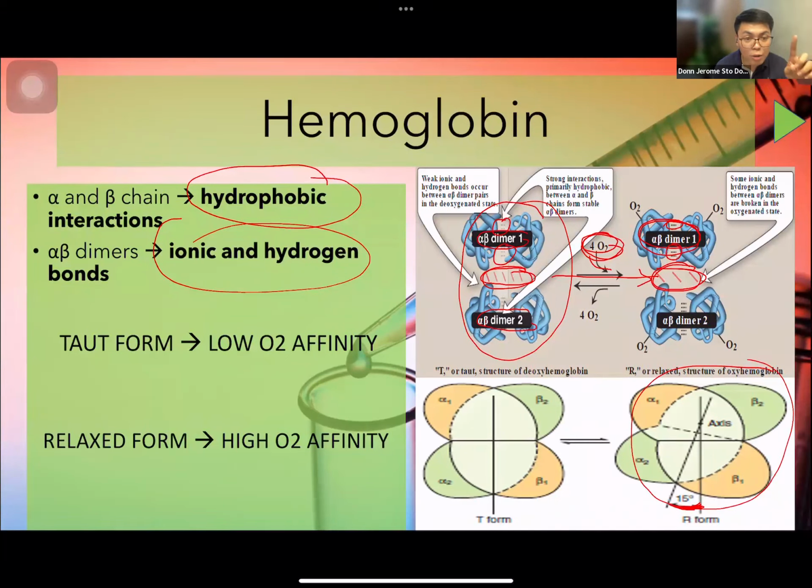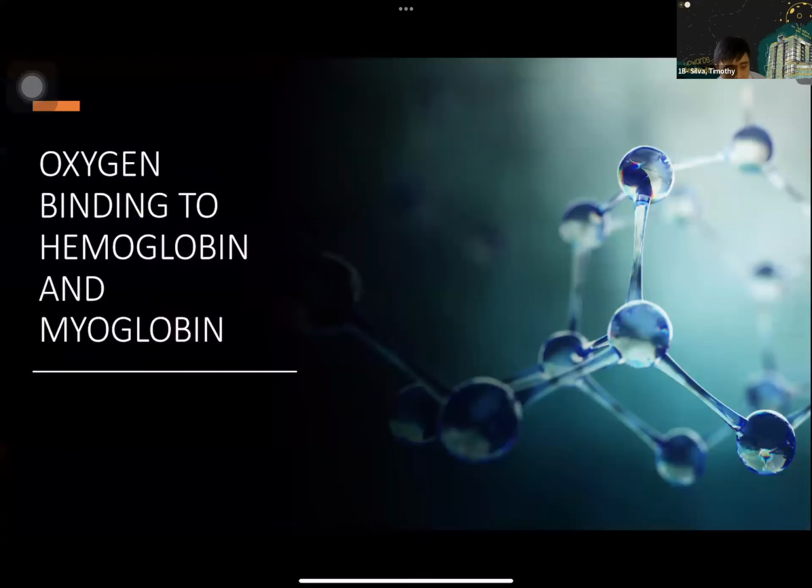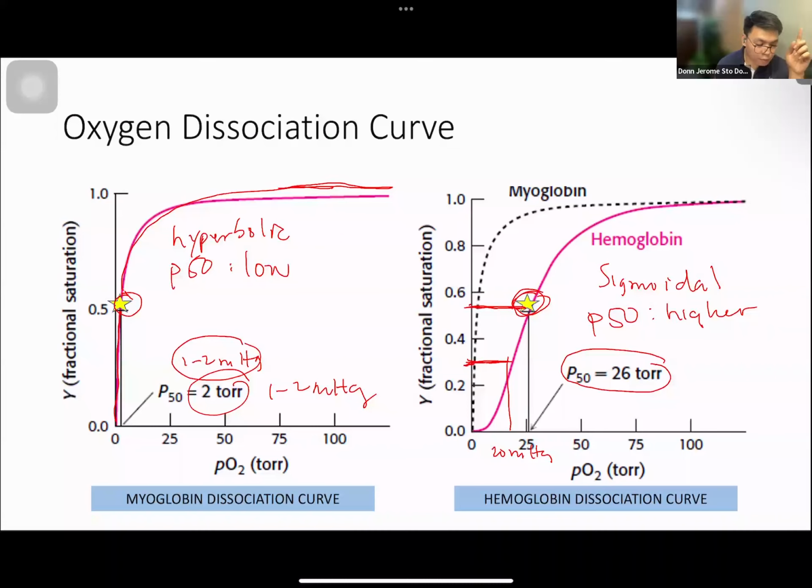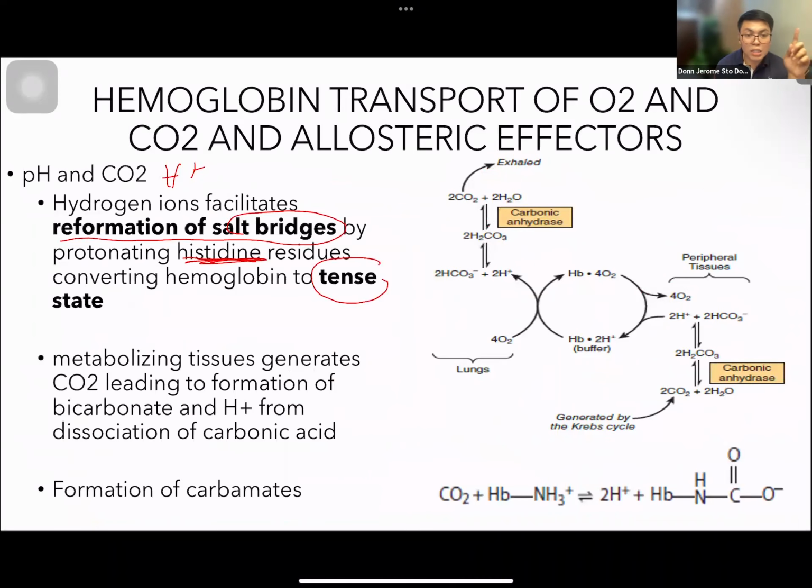Is it in the taut form or in the relaxed form? Taut form. Is that the low or high oxygen affinity form? Low oxygen affinity form. So if it's the low oxygen affinity form, what will hemoglobin do to the oxygen that it's carrying? It will release it, no?